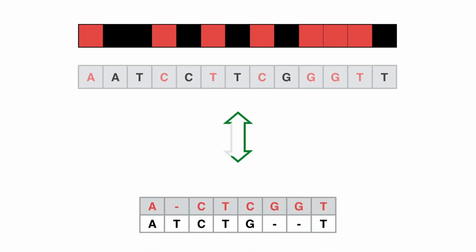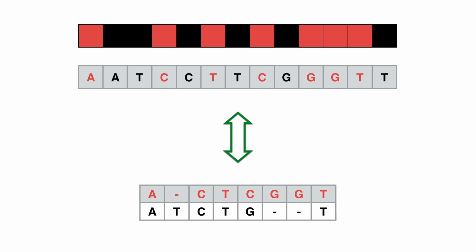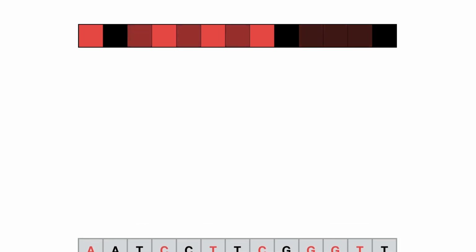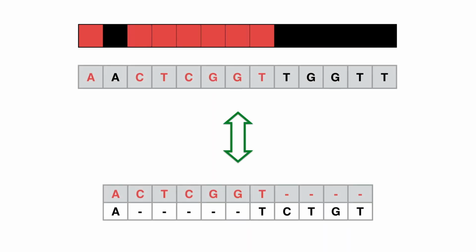Here is a different choice of red-black cells with its corresponding alignment, which, as expected, is different from the previous one. And here is one of the so-called unnatural alignments. This is to emphasize that each black-red distribution in the array, independent of its nature, does correspond to an alignment.